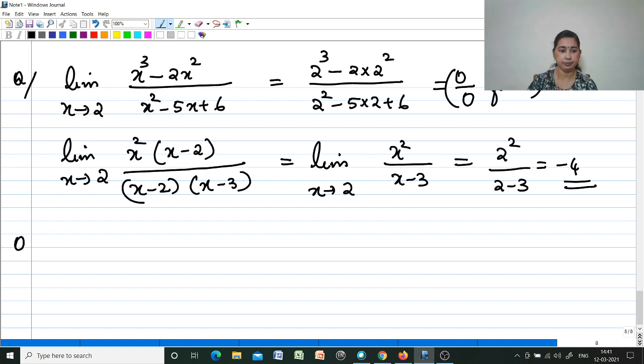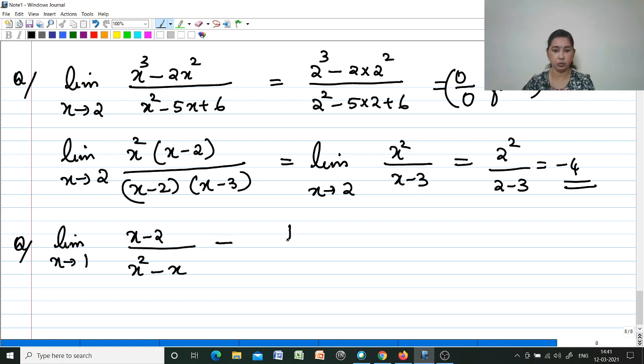Now next one. The next question is limit x tends to 1, (x minus 2) by (x square minus x) minus 1 by (x cube minus 3x square plus 2x).